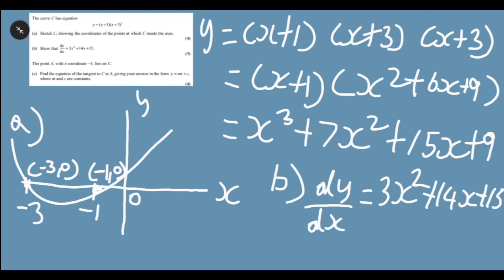When we find the equation of the tangent, we know that dy over dx represents the gradient at any given point on a curve. Therefore, when we work out the gradient at the point -5, this would be the gradient of the normal. But to change it to the gradient of the tangent, we just have to do the negative reciprocal of the normal gradient. So let's do that right now.